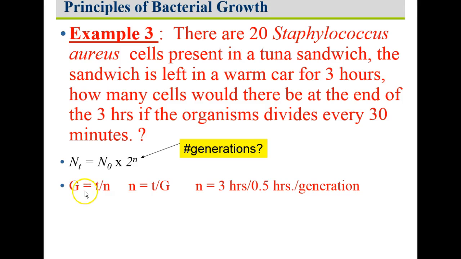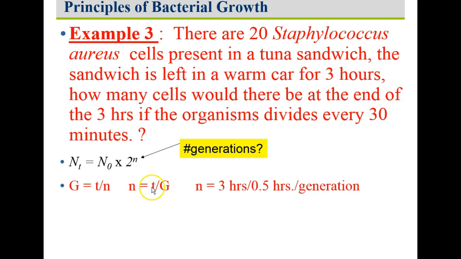Remember, generation time equals time of incubation over number of generations, which now we're writing as n. If we solve for n, we have that n equals time of incubation over generation time.